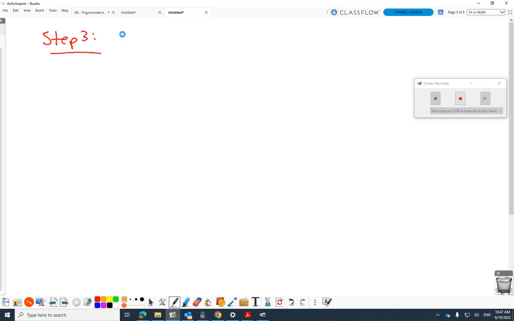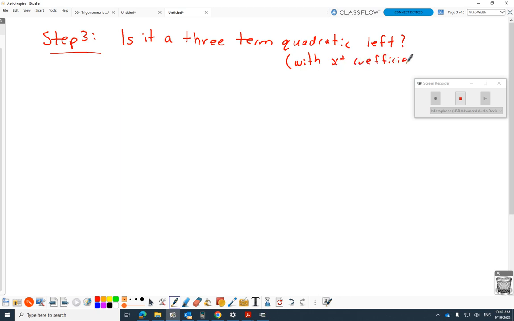Is it a 3-term quadratic left with x squared coefficient of 1? Oh, that's a long sentence.